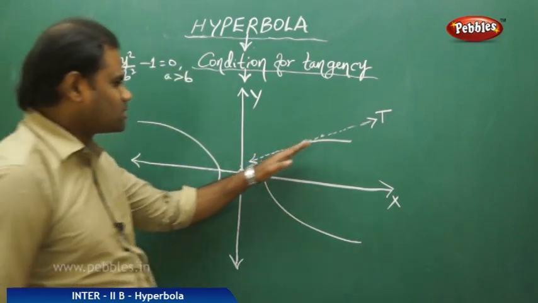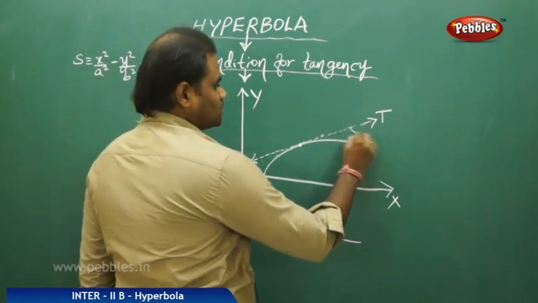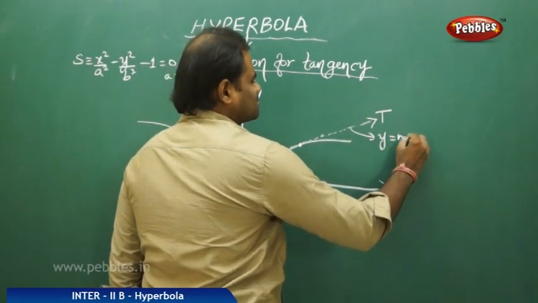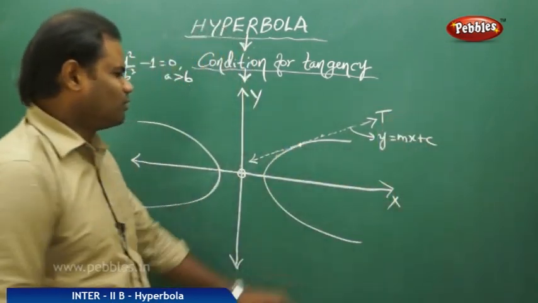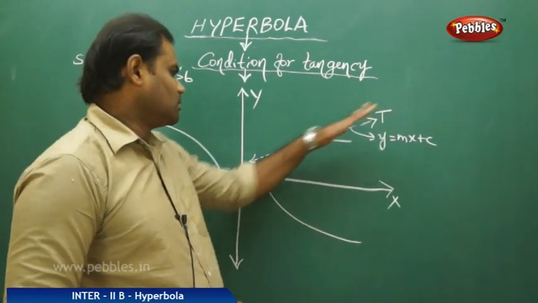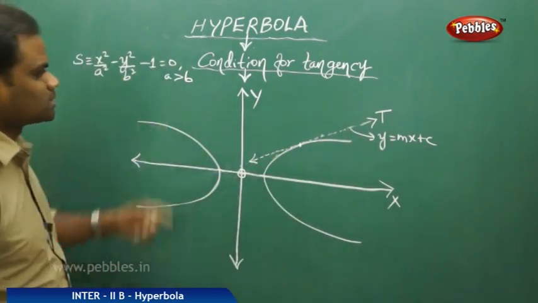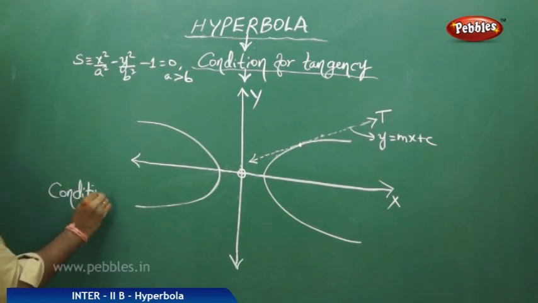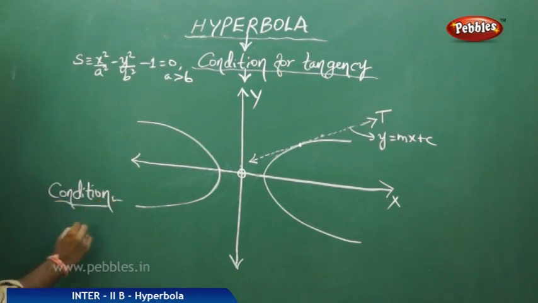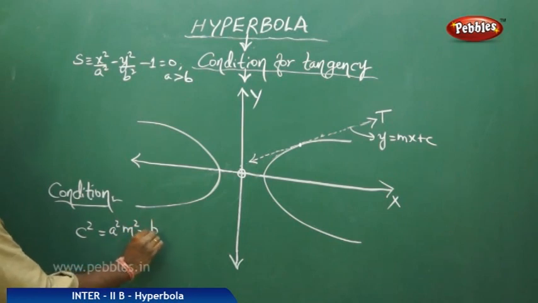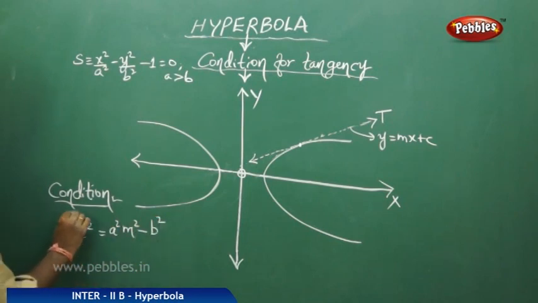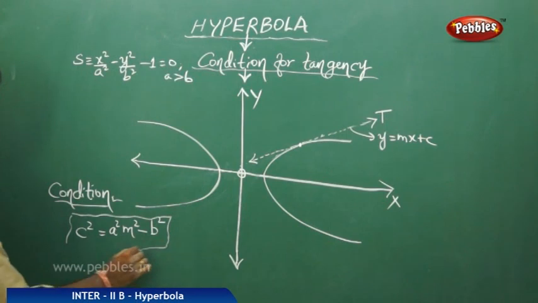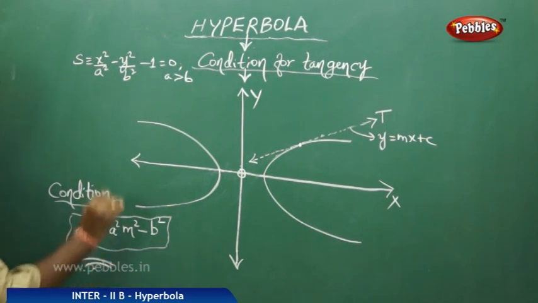Then the condition for the line y equal to mx plus c to be a tangent to the hyperbola is c square is a square m square minus b square.